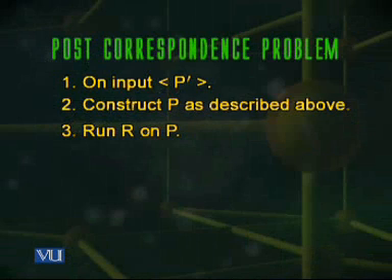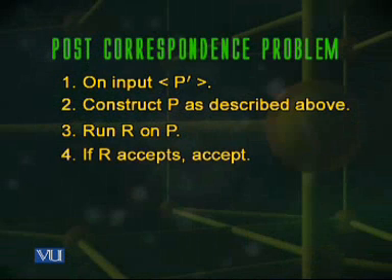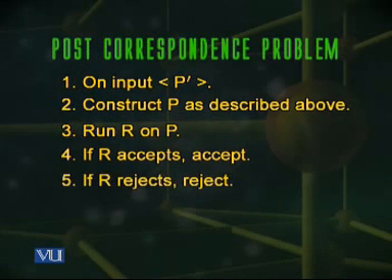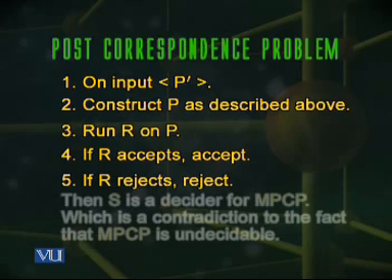By looking at this P prime and the asterisk trick that we have done, it now constructs a new collection P for the PCP problem. Now it runs R on P. If R accepts, S accepts P prime, and if R rejects, S rejects P prime.